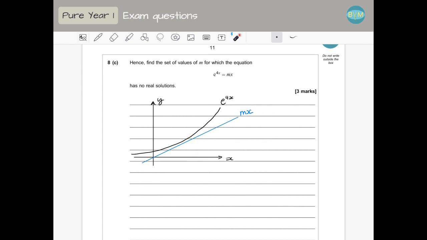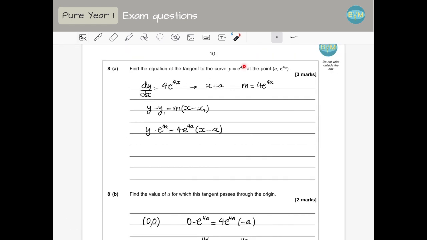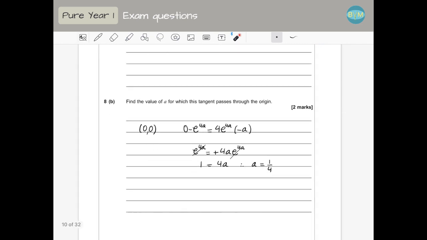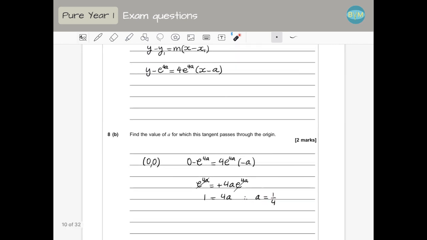So we have to find what the limit is, and that's when it's tangent. But when it's tangent, it's precisely that line that we found before, because this is my function, e to the power of 4x, and we were finding the tangent that passes through the origin. So the tangent that passes through the origin is this line when a is 1/4.